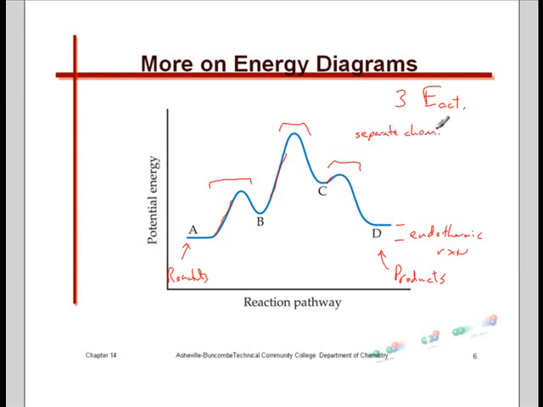And we'll look at an example here in a minute or so. This separate chemical reaction, which we're going to label as an elementary step, are the steps that the reactants go through before they make it to the product side.